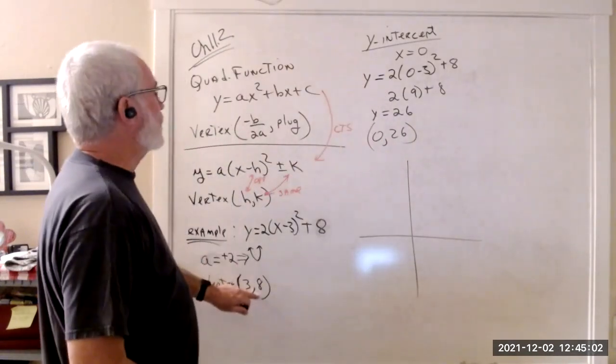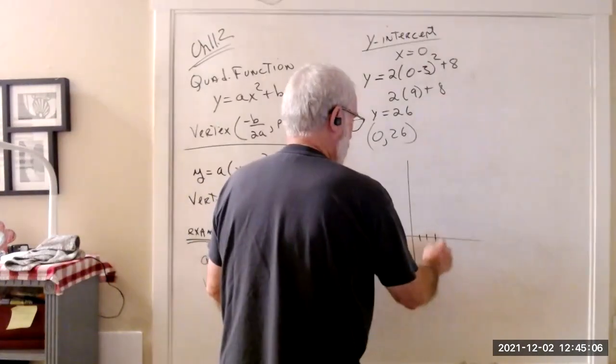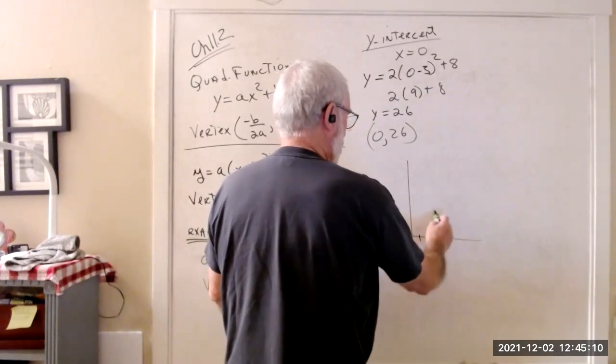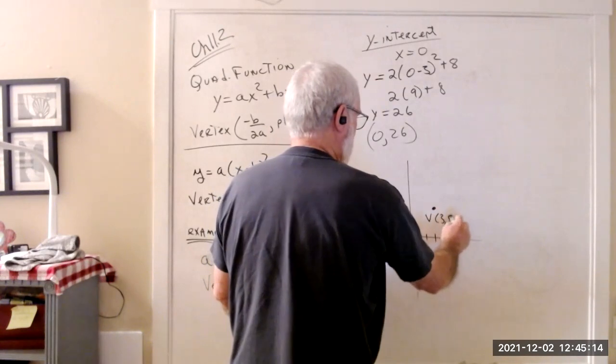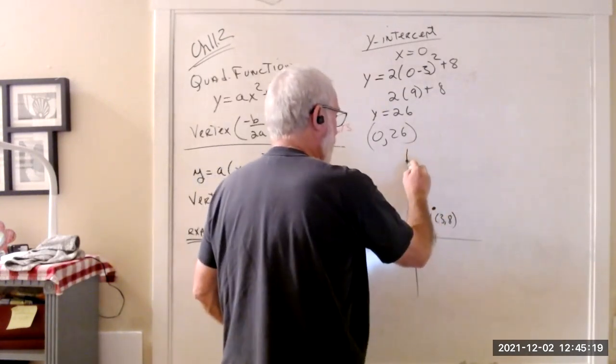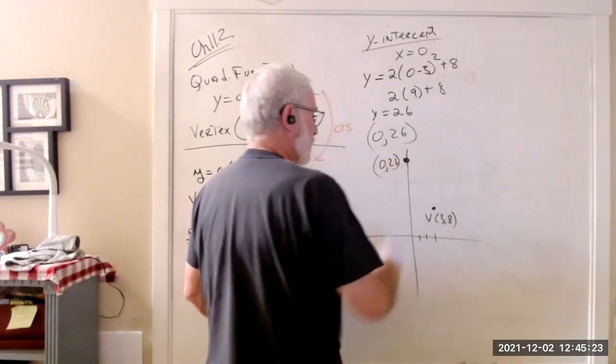Here's my vertex, 3, 8, sort of like here. My y-intercept is way up here at 0, 26.